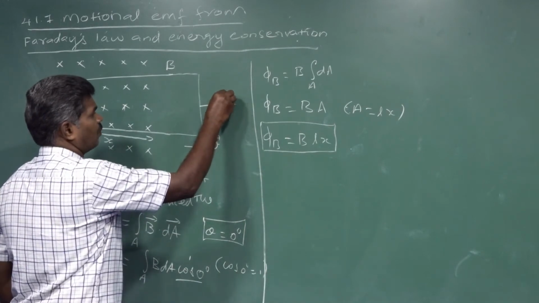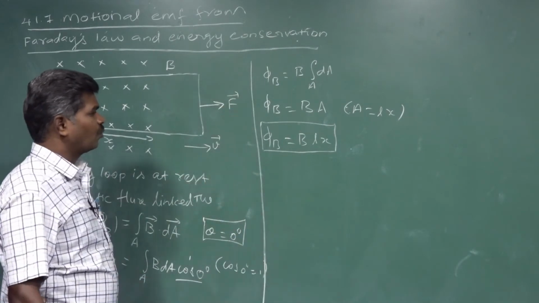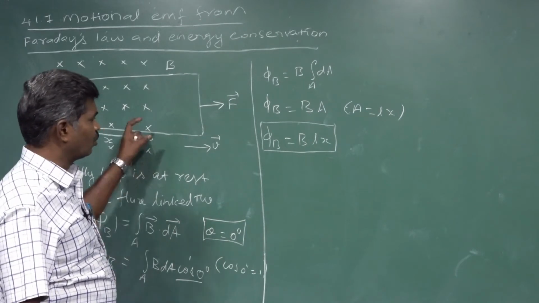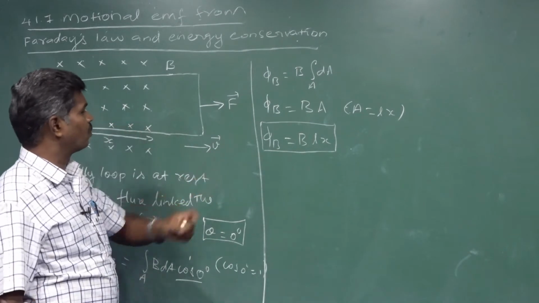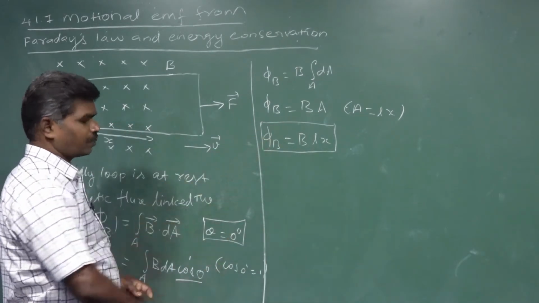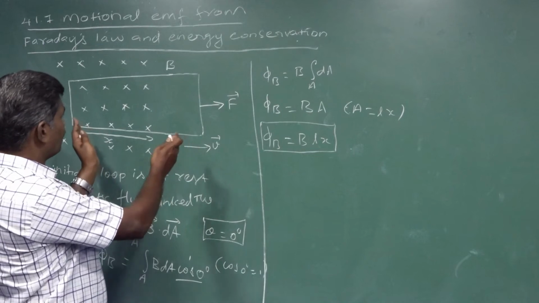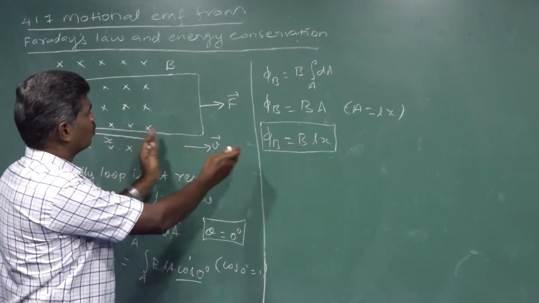Suppose our applied force is F amount of force to move the loop with a constant velocity v vector. If we move the loop towards the right, part of the loop is going to come out.